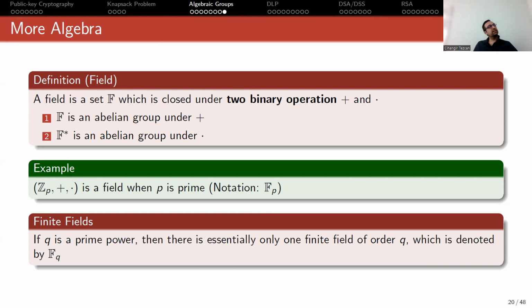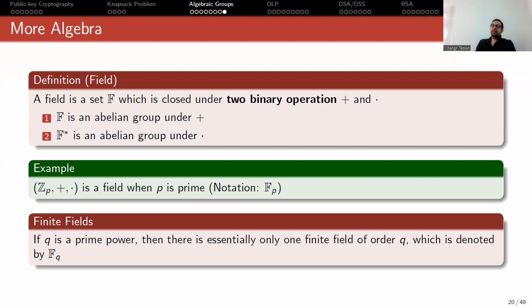For instance, a question is, can I create a finite field with 6 elements? The answer is no, because 6 is not a prime, but also is not a prime power. By prime power, we are talking about any power of a prime number, like 3 to the power 8, okay? Or 3 to the power 10, or 2 to the power 10, which is 1024.